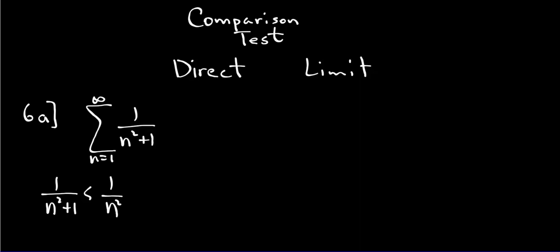As you're adding these numbers, you notice that if I put in n squared plus 1, 1 over n squared plus 1 is going to be less than 1 over n squared. And here's the thing. We know that this one converges by p-series.